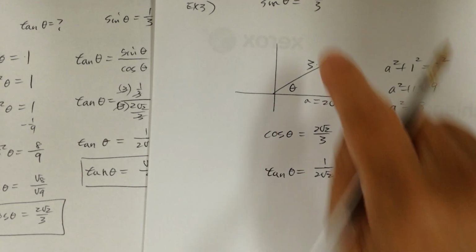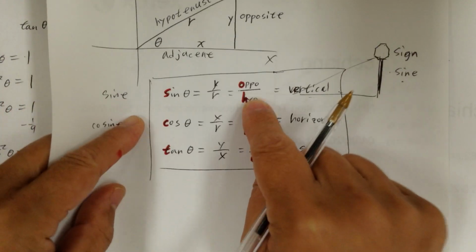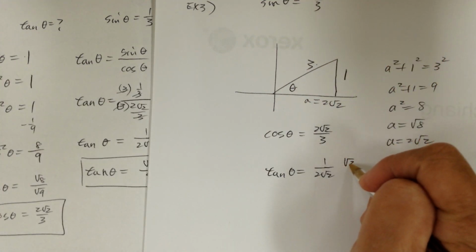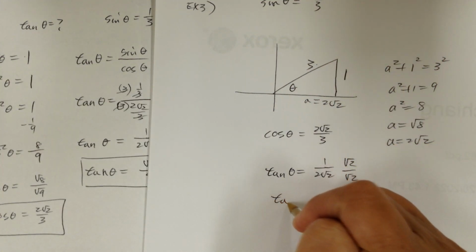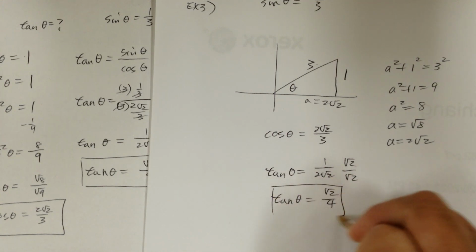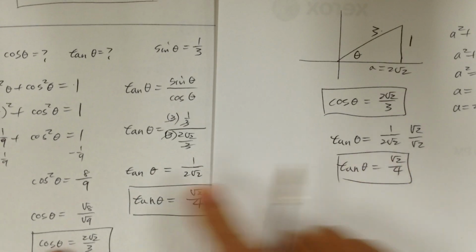So if you remember sine is opposite over hypotenuse, use this definition. So break it up, right? Okay, and you multiply by square root of 2 over square root of 2, right? So tangent theta equal to square root of 2 over 4. Okay, so this is a different way of doing the same problem.